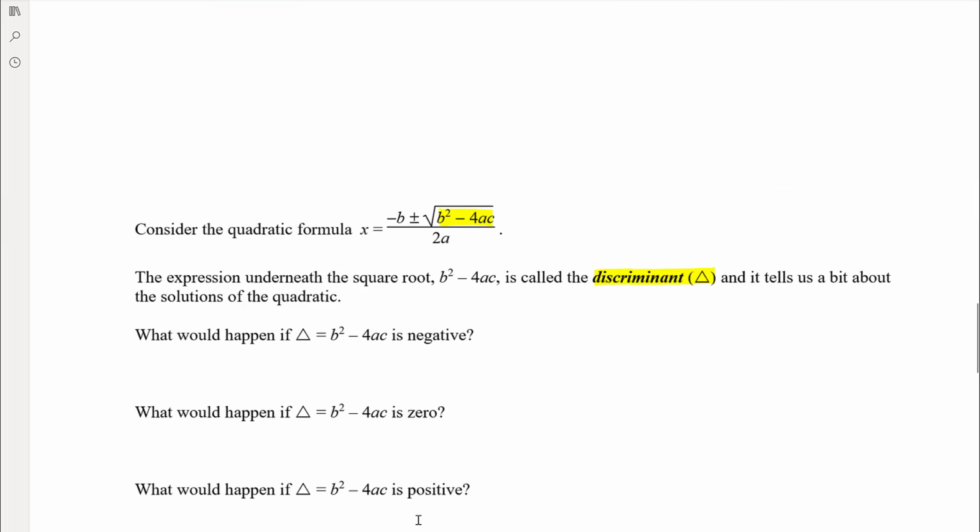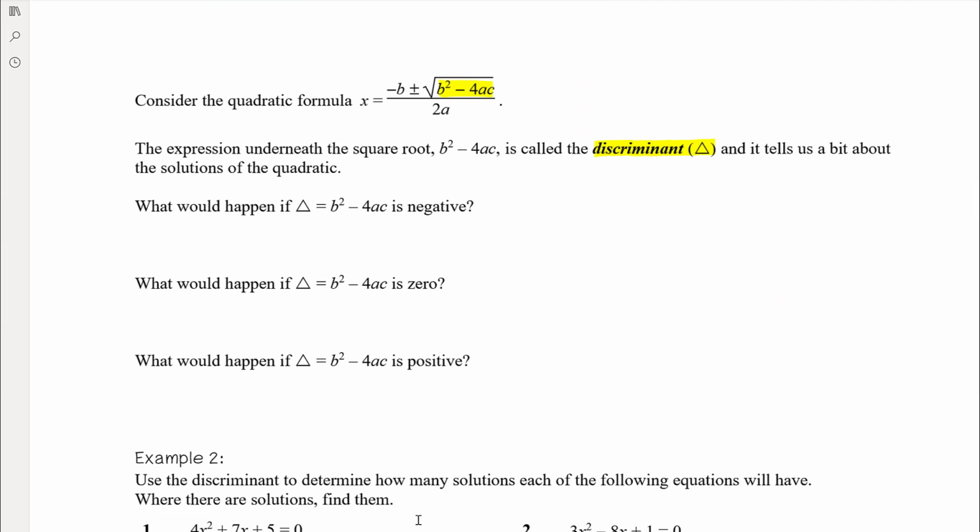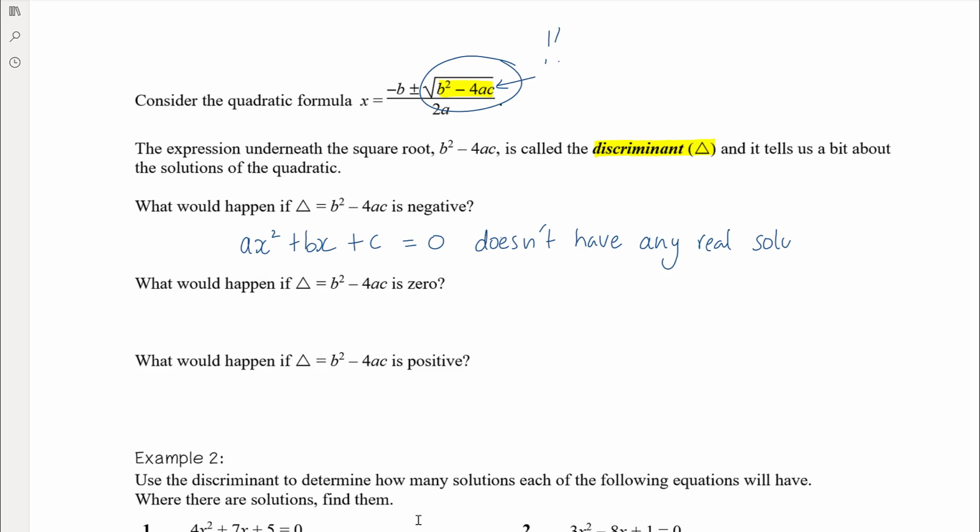All right. So if our discriminant ends up being negative, that means we've got a negative number under here. And so therefore that whole thing becomes a problem. It's not just that we ignore it, it actually is problematic, it doesn't exist, and so that means that the quadratic equation doesn't have any solutions. So if b squared minus 4ac is negative, that tells us that ax squared plus bx plus c equals 0 doesn't have any real solutions, technically speaking.